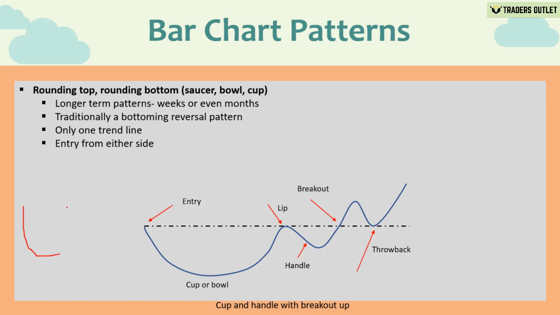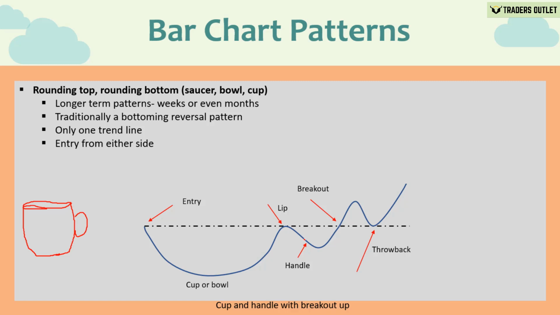I'm not sure about my drawing, but I guess we can take it as a cup approximately. So the rounding side of the cup is this rounded bottom. This particular area of the cup is my lip here, and this particular area is my handle.